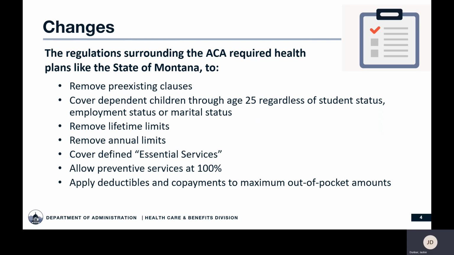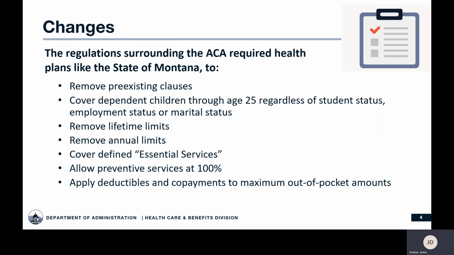The ACA also added 10 defined essential health benefits. Plans must include these in their benefit offers. The state plan already provided coverage for those 10 essential health benefits, including hospitalization, prescription coverages, mental health, and addiction services, so no change was necessary to meet this requirement.